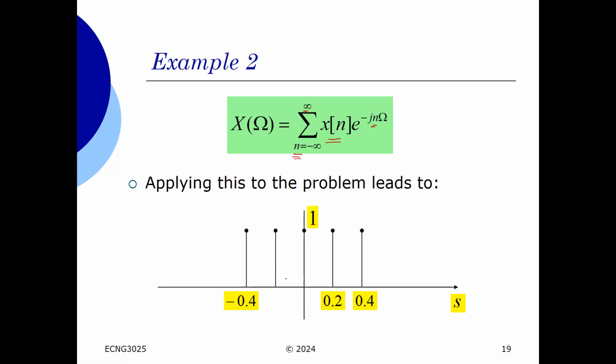I have 5 samples, and instead of running from minus infinity, they run from, this is sample 0, this is sample minus 1, this is sample minus 2. This is sample 1, and this is sample 2, right? So in other words, n is running from minus 2 to plus 2.